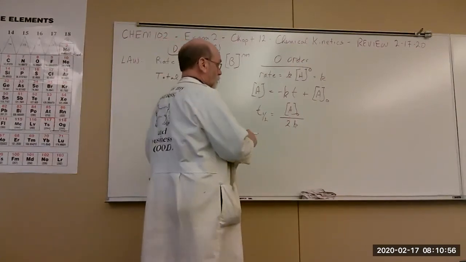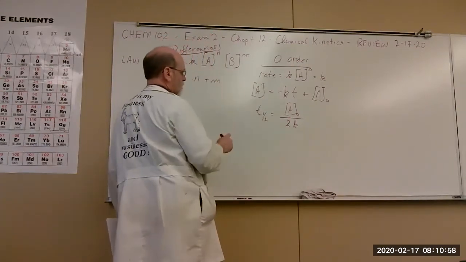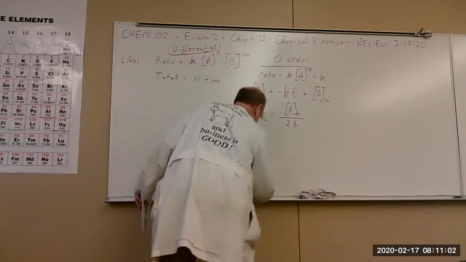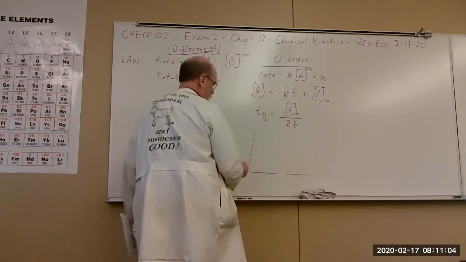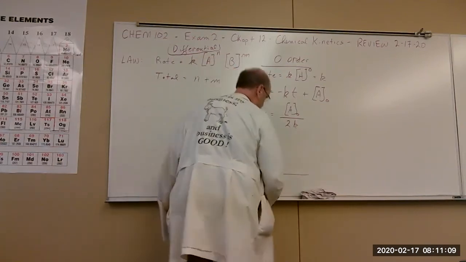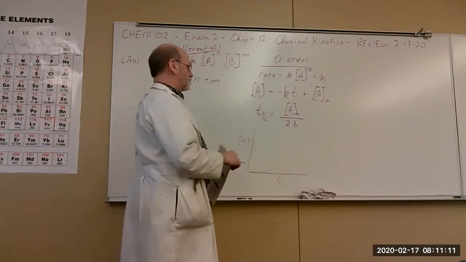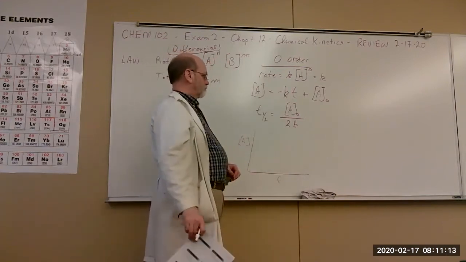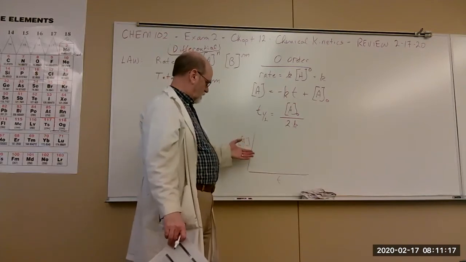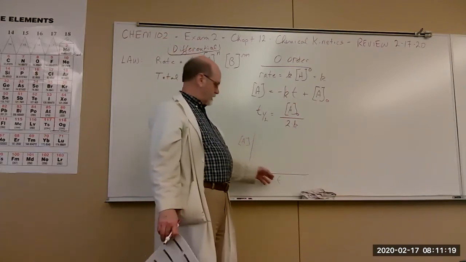Okay, so if we graph this in terms of concentration and time, what are we going to get? What do we graph? Is that the correct set of variables to graph?